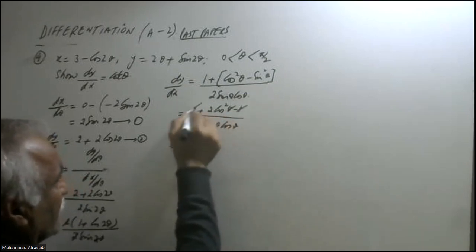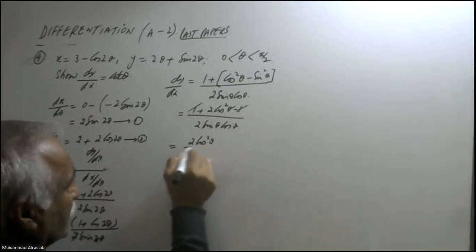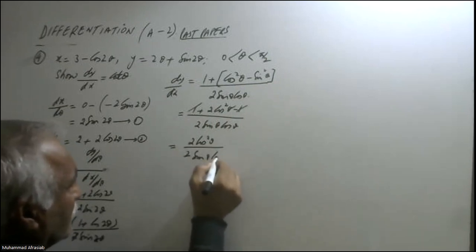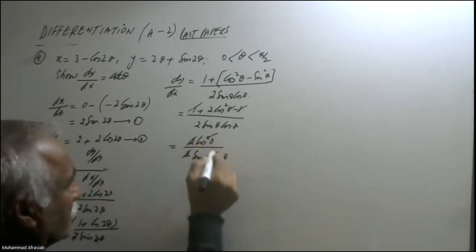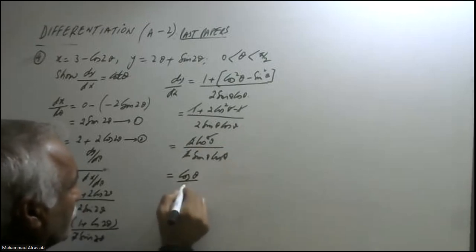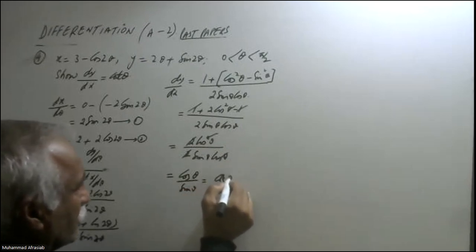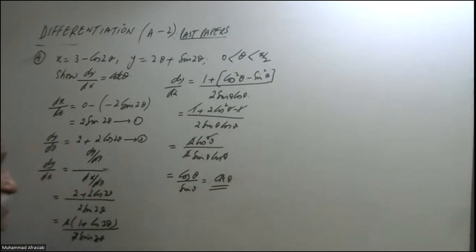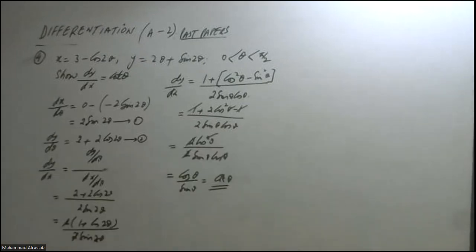This 1 and minus 1 cancel out. It is 2 cos²θ over 2 sin θ into cos θ. The 2s cancel and one cos θ cancels out. So that is equal to cos θ over sin θ, which is equal to cot θ, which we had to prove in this part of question 4.